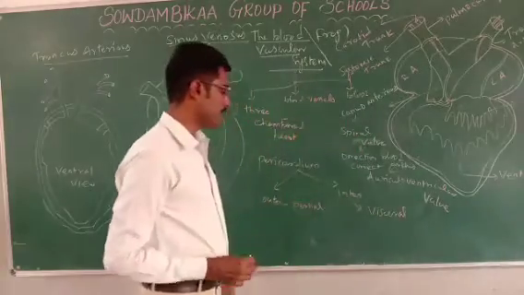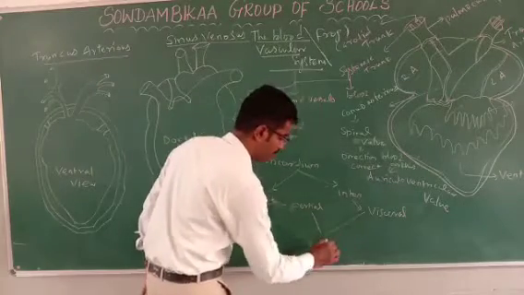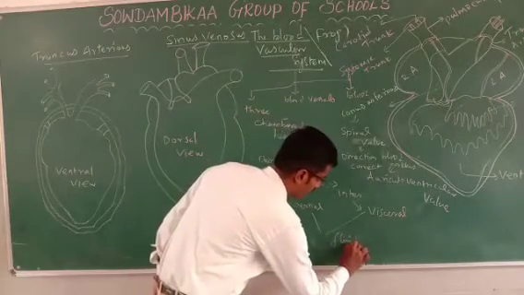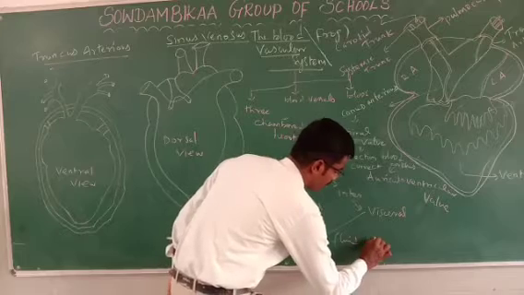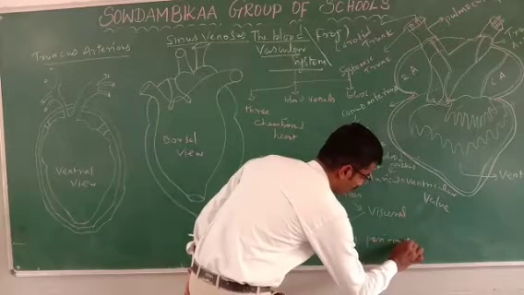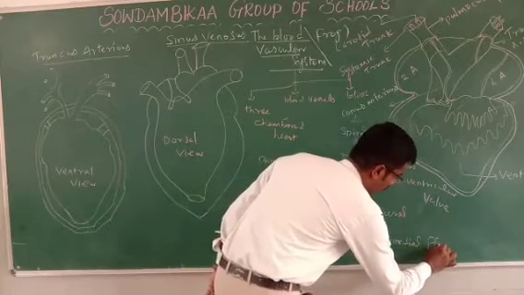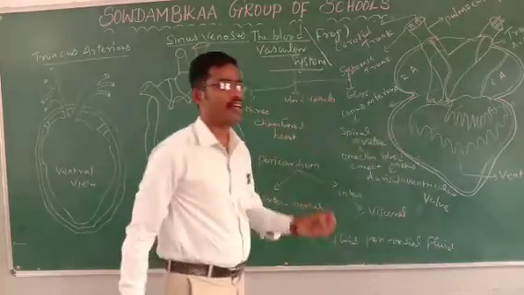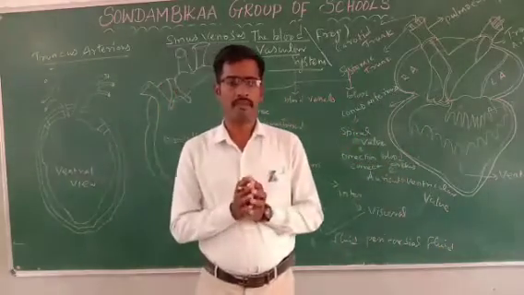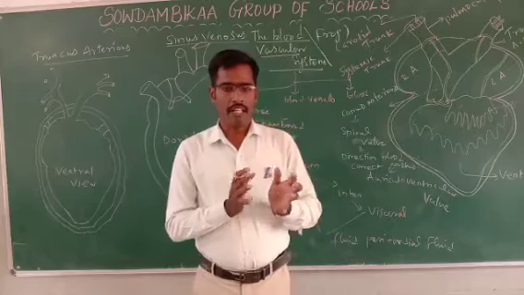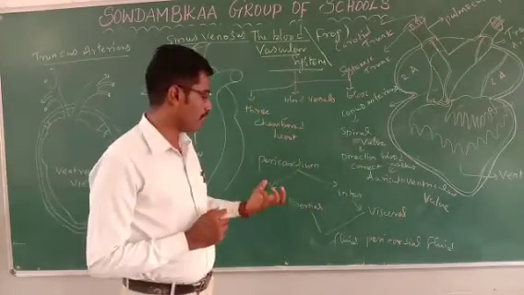In between the parietal and the visceral layers is the fluid, called pericardial fluid. The main function of this pericardial fluid is protection from injury to the heart.